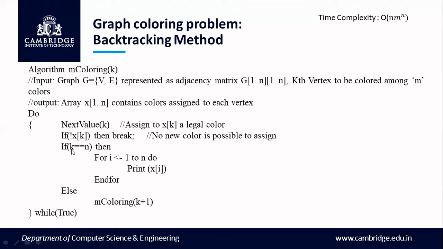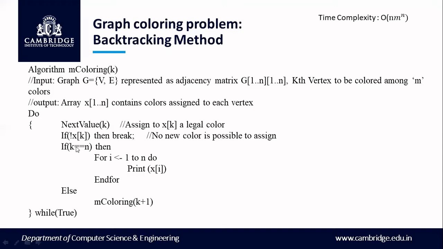We check if we have colored all the vertices, that is, k has reached n. If k has reached n, then we have colored the nth vertex, so we display the pattern of coloring, which is in the array x.